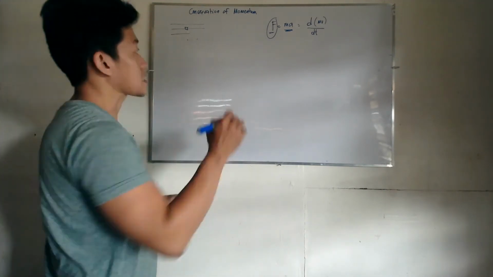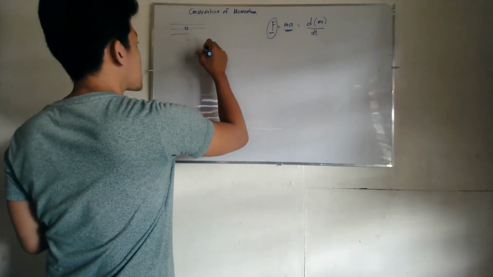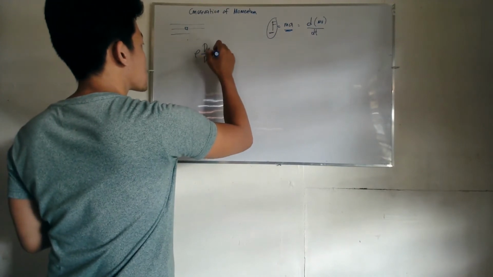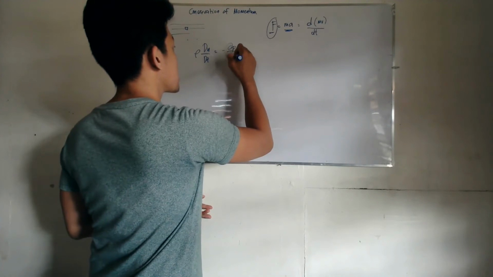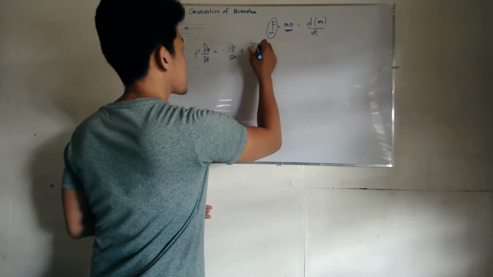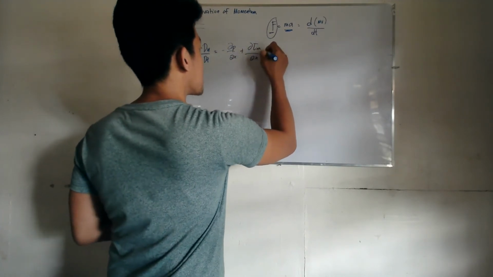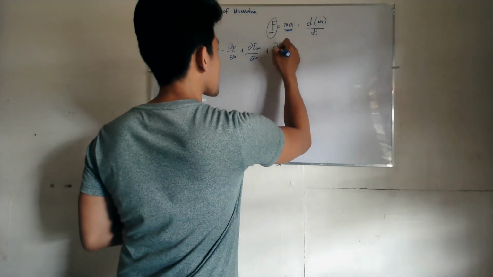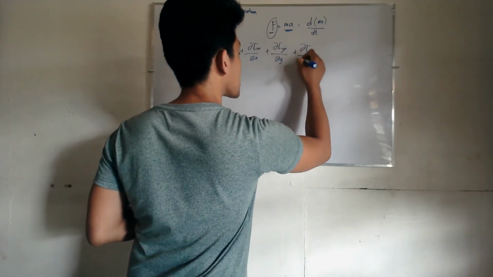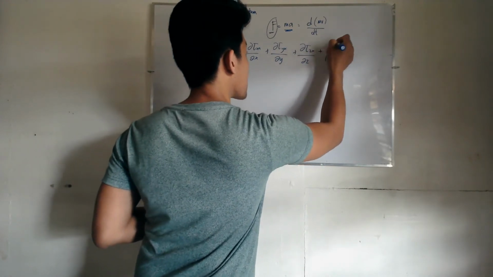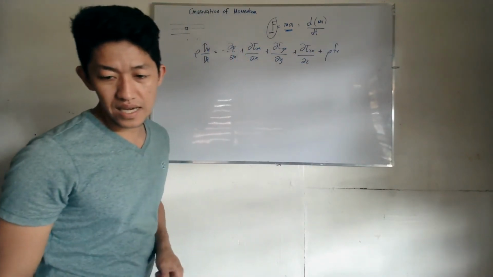We use this for x: rho du dt equals negative partial of p partial of x, partial of tau xx, partial of tau yx, plus partial of tau zx, plus rho fx. Okay?